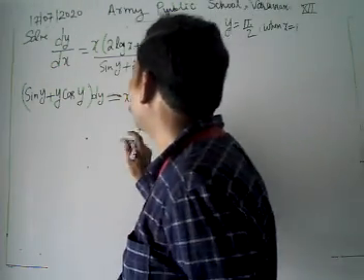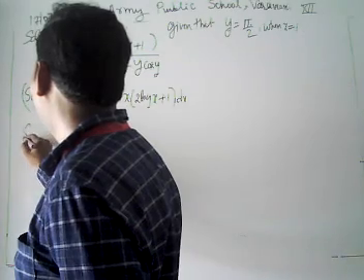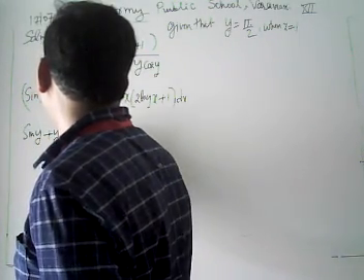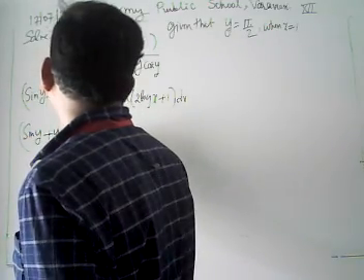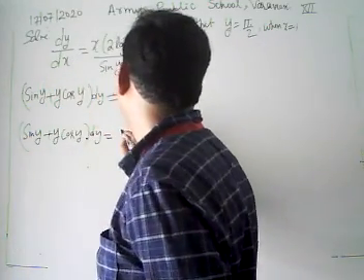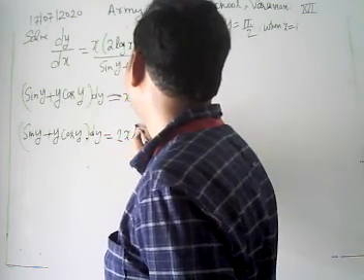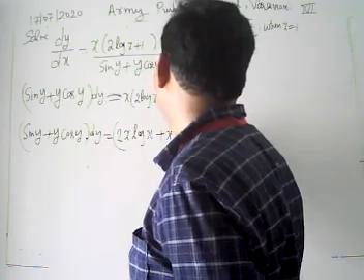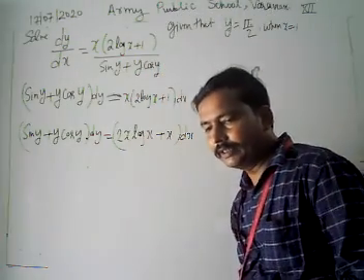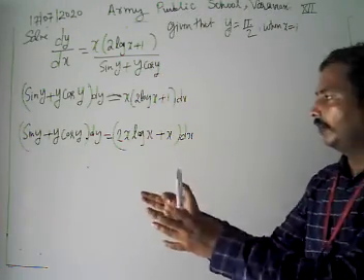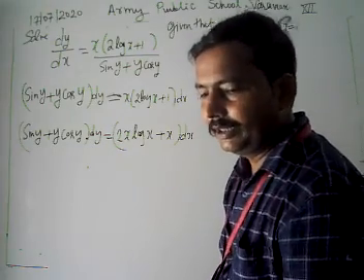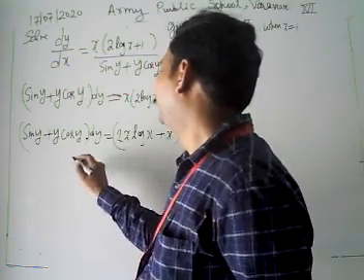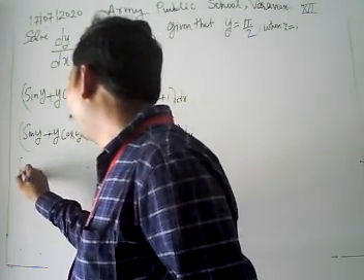Again we can write (sin y plus y cos y) dy is equal to (2x log x plus x) dx, taking x inside the bracket. Now look, our variables are separate. Then what do we do? We have to integrate. Integrating both sides, what do we have?